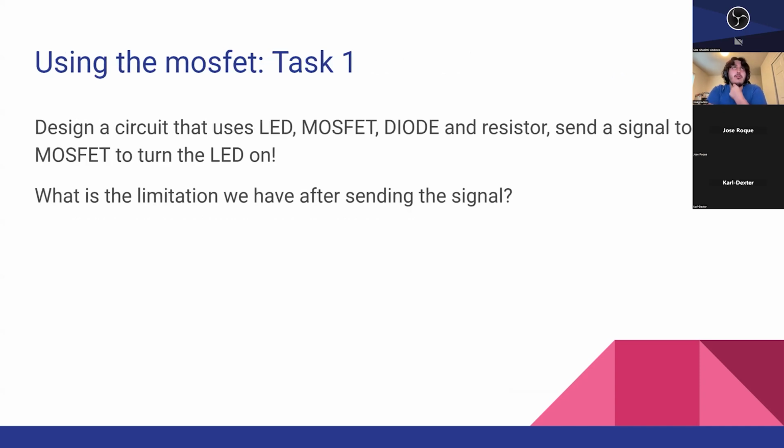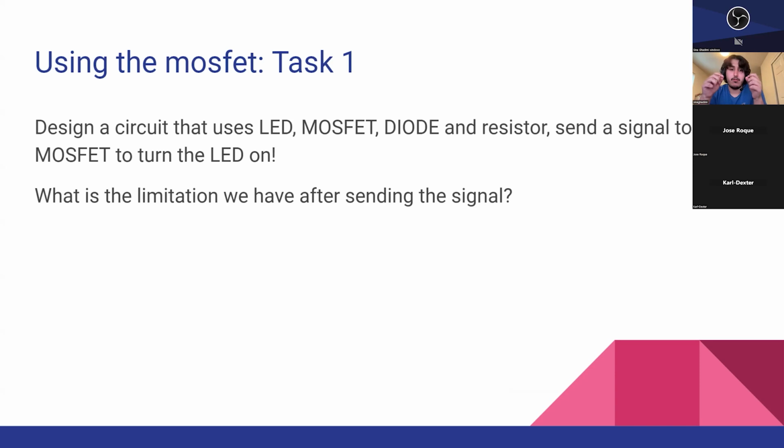Okay, so task 1 is that we're going to use an LED, a MOSFET, a diode, and a resistor, and we want to just send a positive voltage and make the LED turn on, okay? Make sure that you have the right circuit.